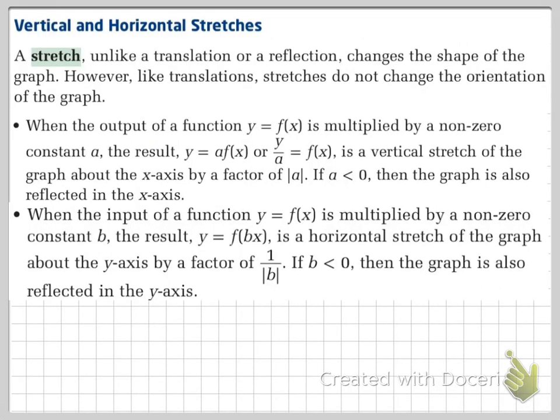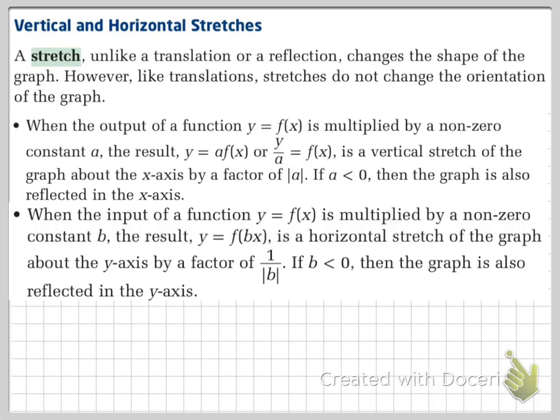Let's talk about vertical and horizontal stretches for a moment before we do another example. A stretch, unlike a translation or a reflection, changes the shape of the graph. However, like translations, stretches don't change the orientation. When the output of a function y equals f at x is multiplied by a non-zero constant, say some value of a, the result is written as y equals a times f at x.